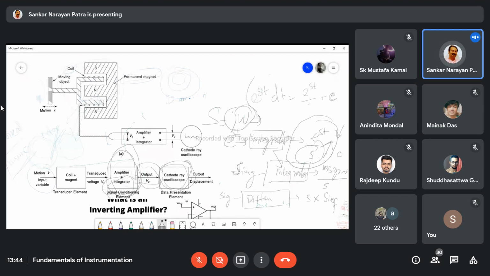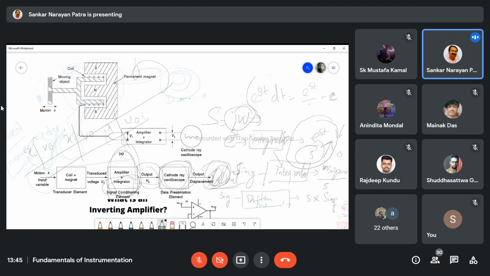That kind of galvanometer can be connected here to know the relation of X with voltage, or X dot with voltage, or even X double dot, meaning acceleration, with voltage. That can be measured by a galvanometer, which is the opposite behavior of the electrodynamic or dynamometer type.